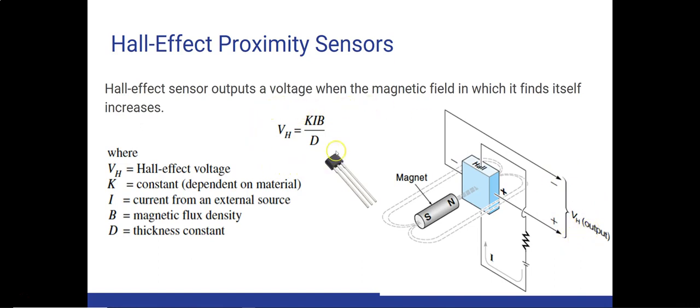The formula for VH is K I B by D, where K is a constant that depends upon the material, and I is the current from an external source. So this is the external source, from here the current is flowing, B is the magnetic flux density created, and D is the thickness constant.